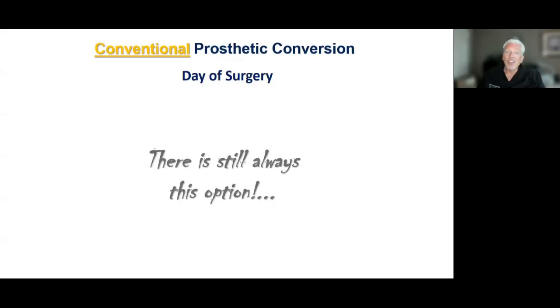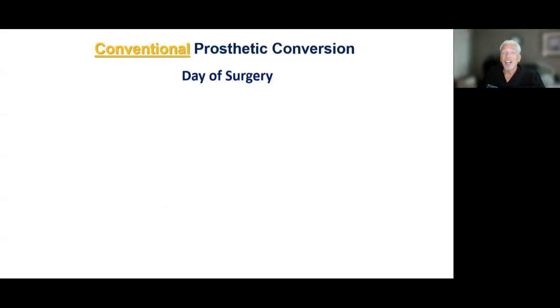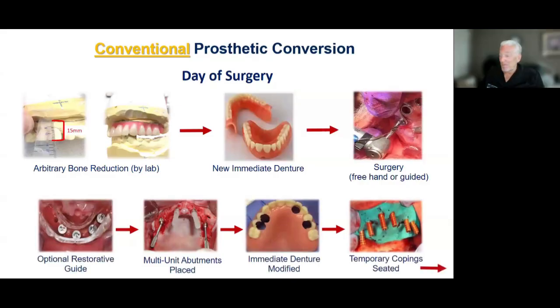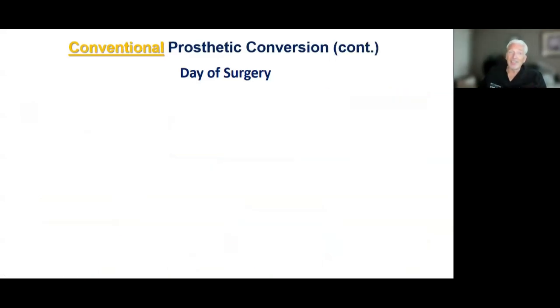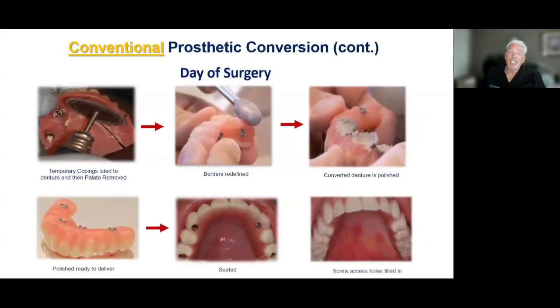All right. Your other option, folks, you could disregard all the stuff I've been talking about, because you still could have fun on the day of surgery. You could have done the conventional, and had all this fun of taking an immediate denture after your implants are placed, grinding holes in it, making your own rubber dam, putting the copings in, cutting the heights of the copings, and the fun's not done yet, because then you get to cut the palate out and cut the borders out and backfill the intaglio area to make it hygienic.